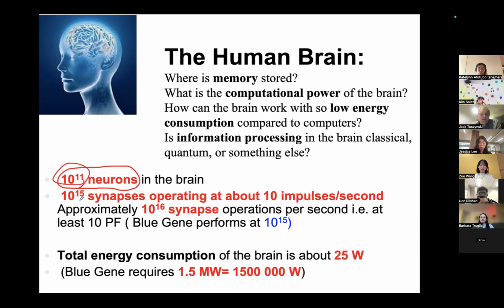And then there are, on average, about 10,000 synapses per neuron. In other words, each neuron interacts directly with another 10 to the fourth neurons, 10,000 neurons. Some have more, up to 100,000 maybe, and some less, but that's the average.